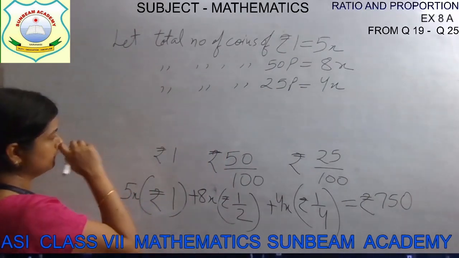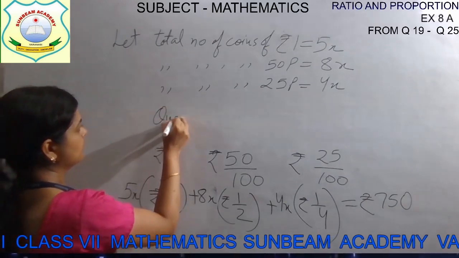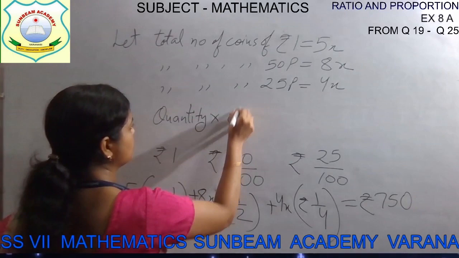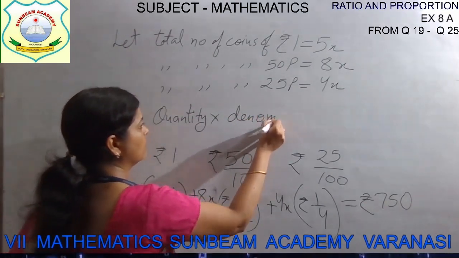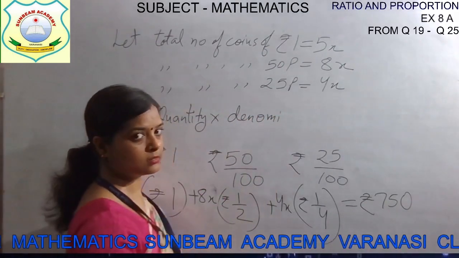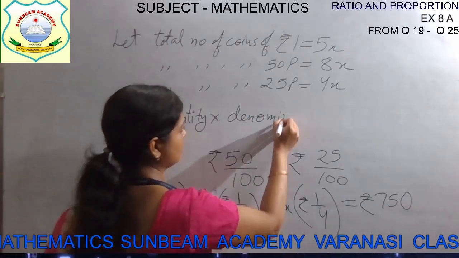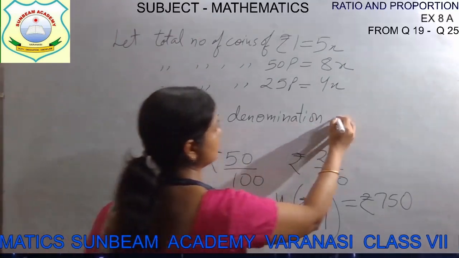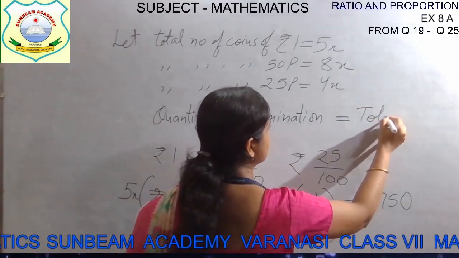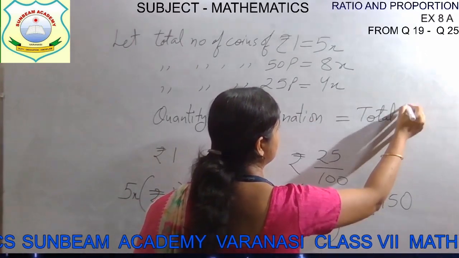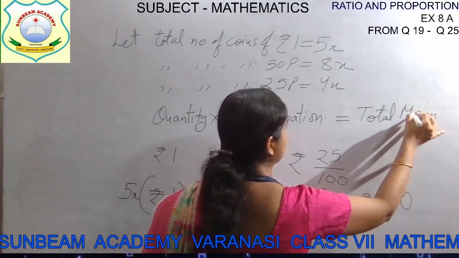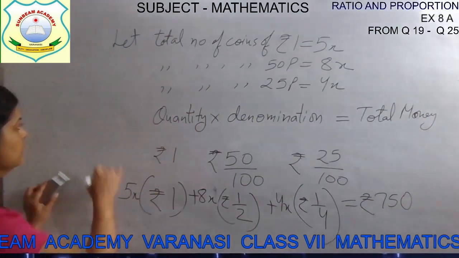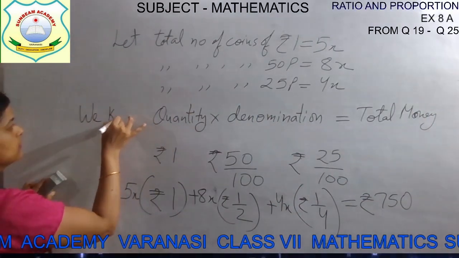Now, quantity into denomination. What is denomination? 1 rupees, half rupees, these are denominations. Quantity into denomination is equal to total money. We know this.